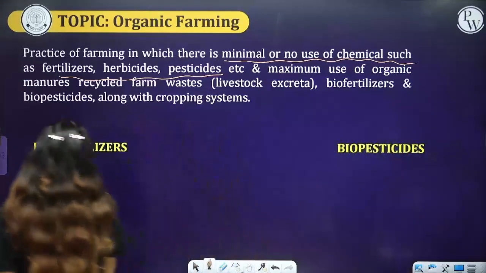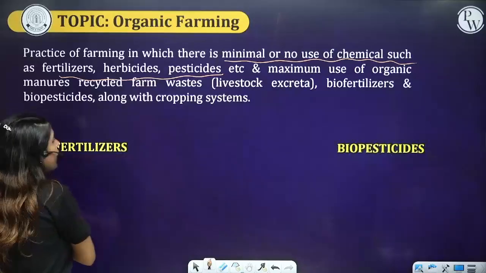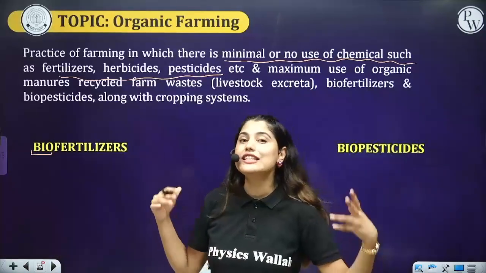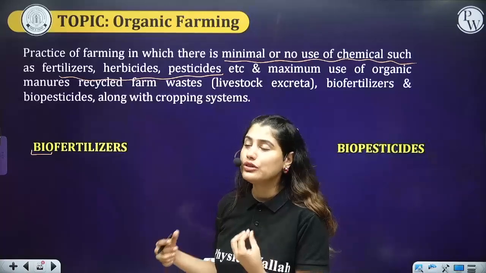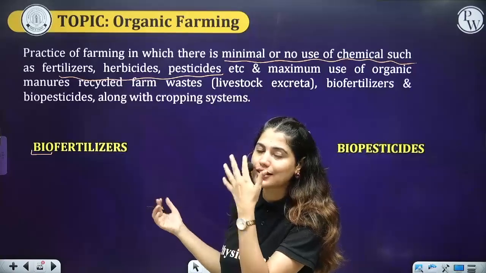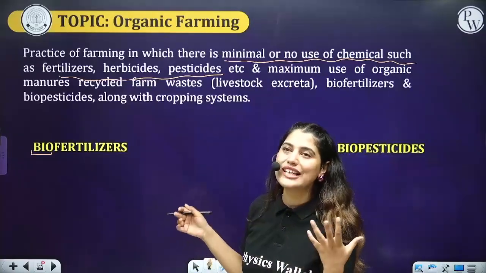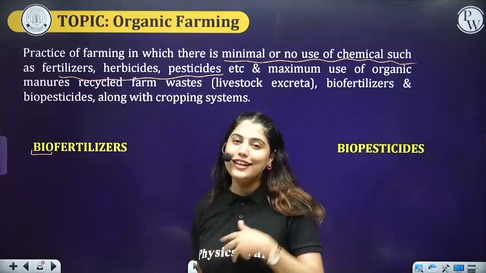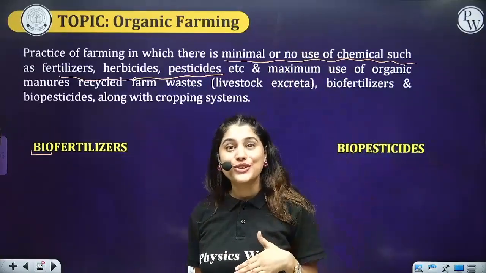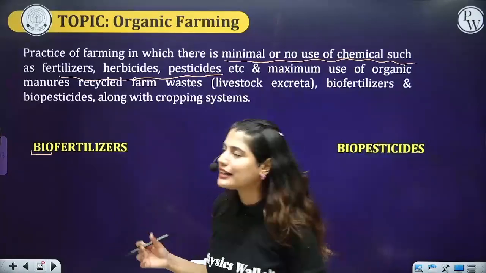Now I have already told you what you mean by this word bio. Bio means living. So we are using living organisms to nourish the soil with nutrients. Few moments back I told you, yes, there are certain bacteria which can provide nitrogen to the soil. They convert the atmospheric nitrogen into usable form. So yes, we can use those bacteria, right?